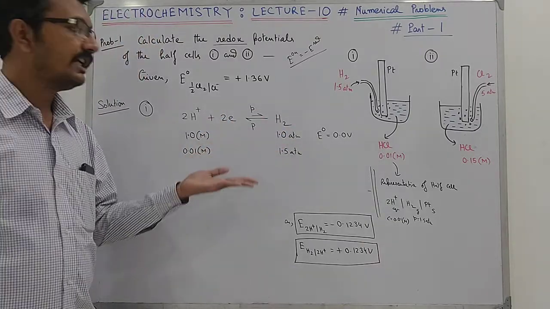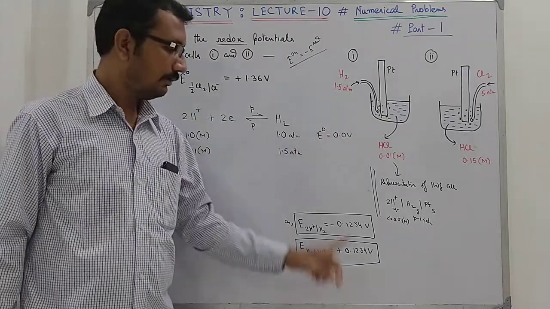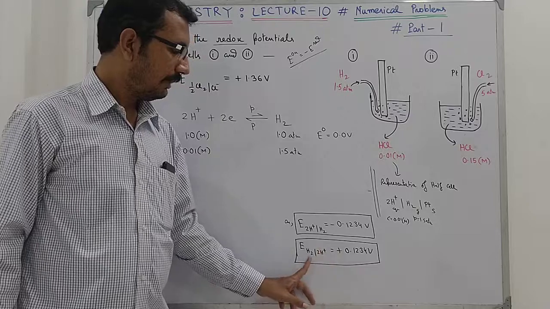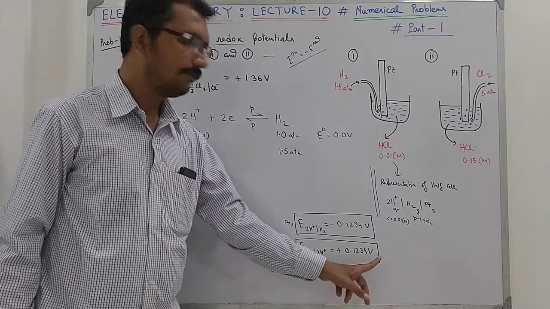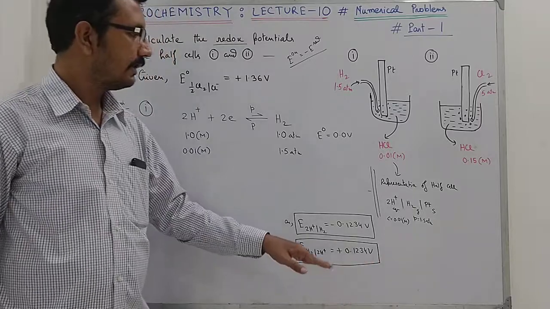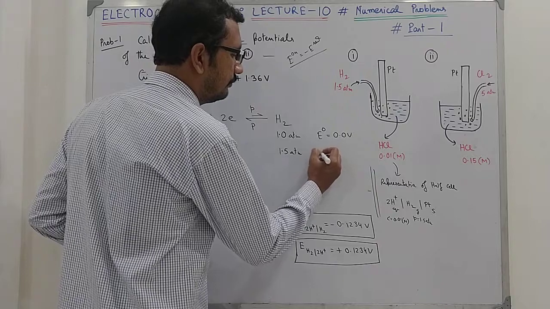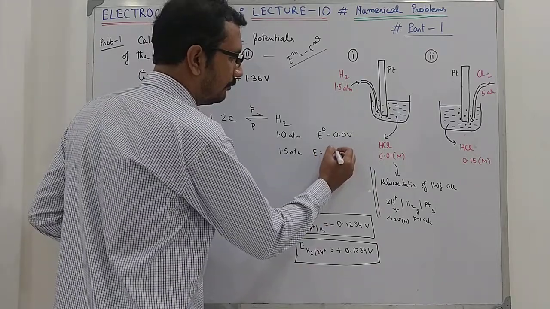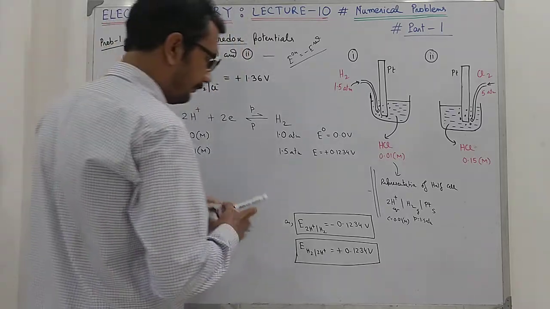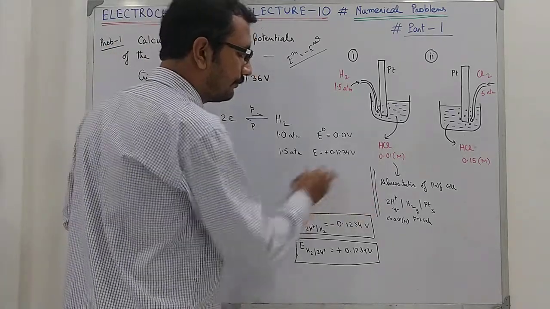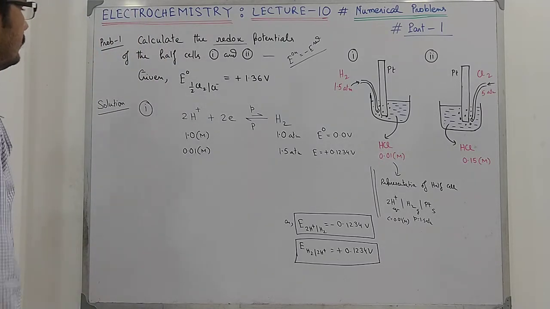So there must be an increment in the oxidation potential from this value, and see, you got here E of H2 to H plus equals plus 0.1234 volt. So the oxidation potential is increasing from this value to 0.1234 volt. So this is the answer.